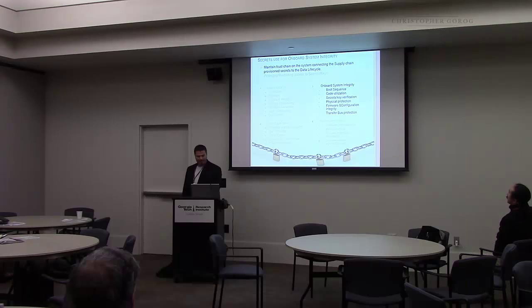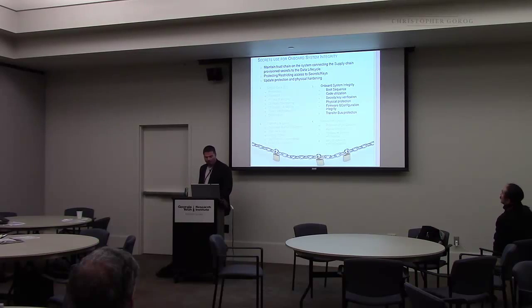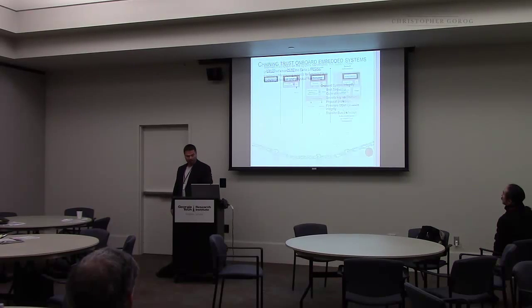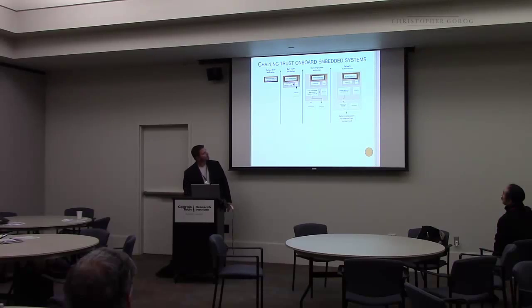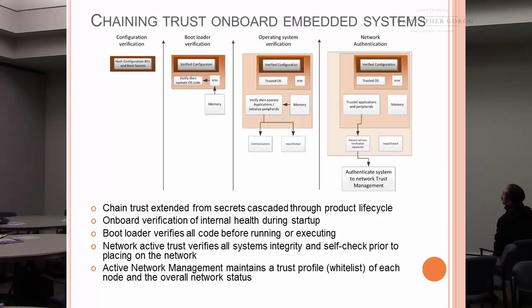Now, as far as how this block is used in the onboard system integrity, maintaining that chain of trust, and then protecting restricted access to the secrets, and then transferring over that to the network. And this drawing you'll see in a lot of my publications. In the configuration, you hash the configuration as part of the boot up process to verify that the configuration hasn't changed or that it is the device that the software is designed for.